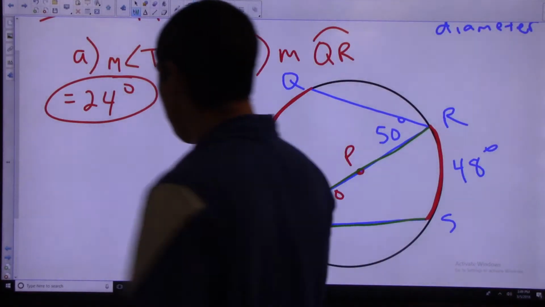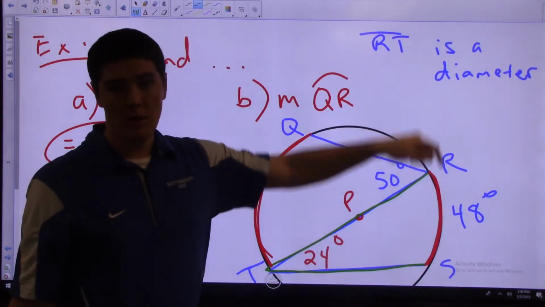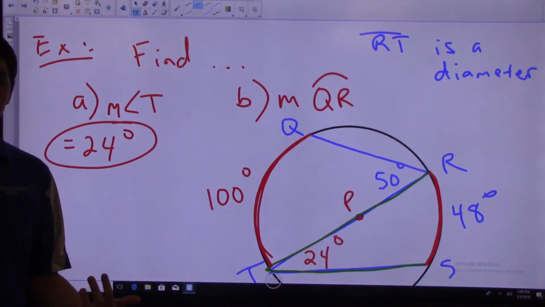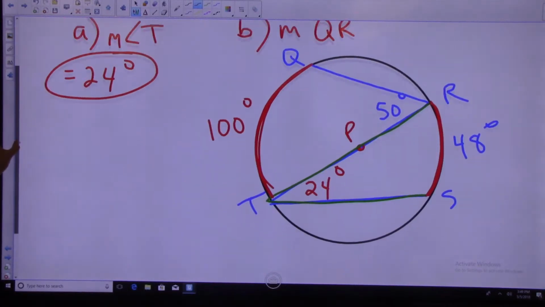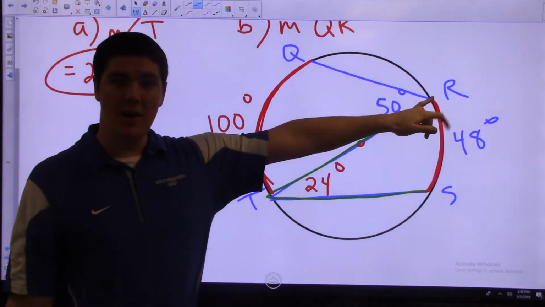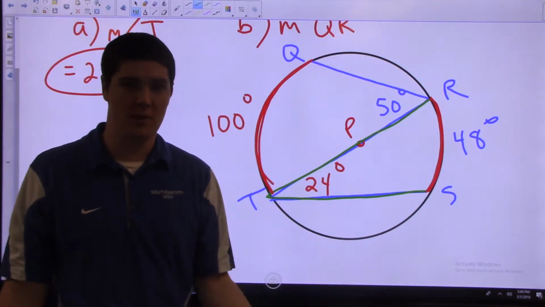That's going to help us though. If we can find that to be 100, let's use the fact that RT is a diameter. Hopefully you remember from the first or second section of this chapter, 10.2, that a diameter divides the circle into two semicircles. How many degrees are in a semicircle?